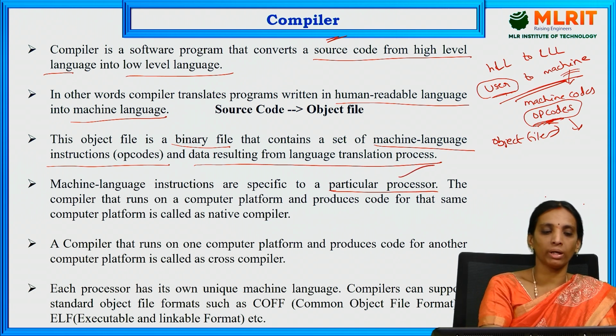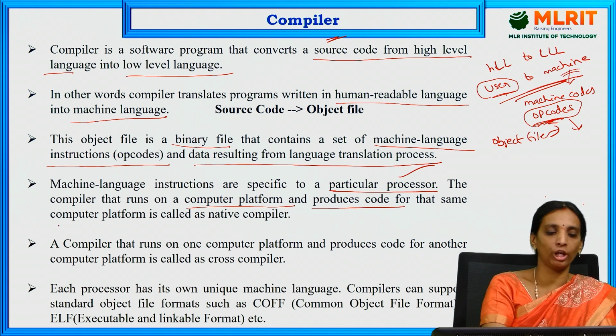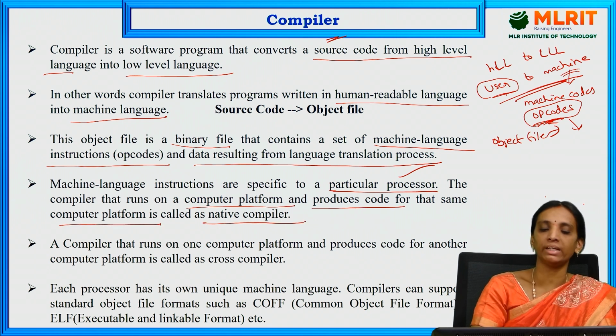So here, the compiler that runs on a computer platform and produces code for the same computer platform is known as a native compiler.